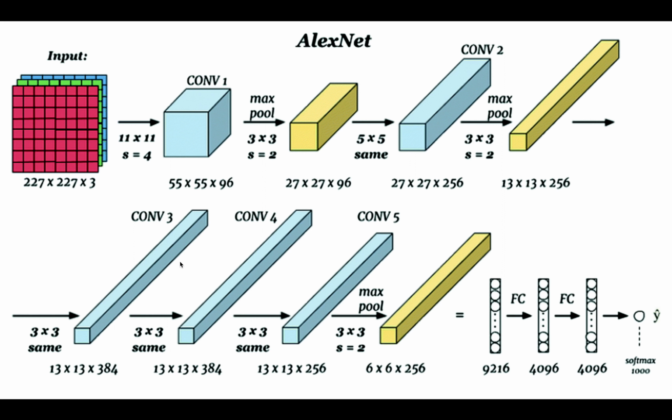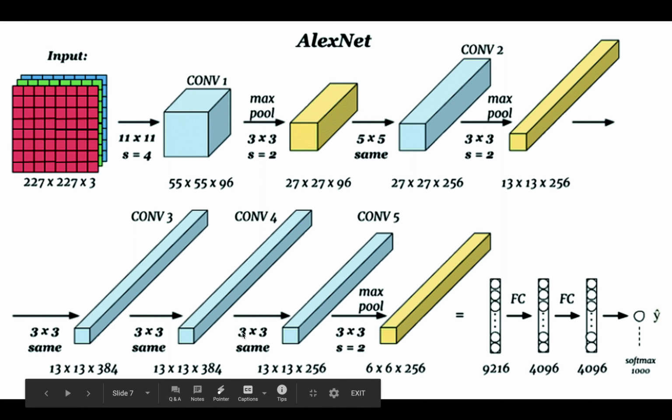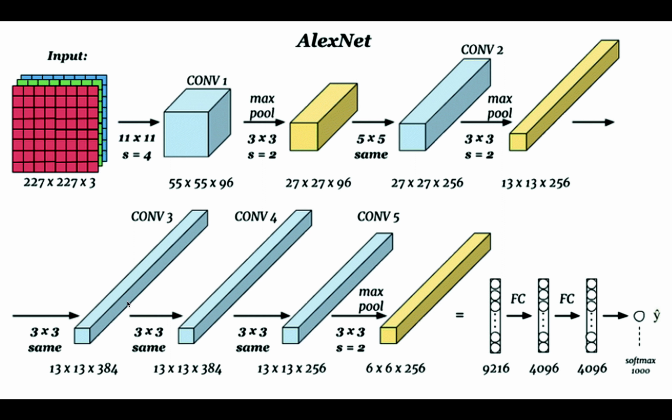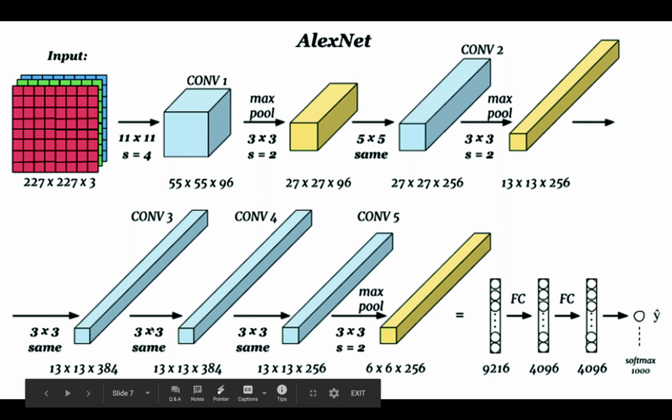Then the next convolution layers are used especially for getting the best feature maps. They convolve the features again and again: convolution layer 3, convolution layer 4, then convolution layer 5, used for extracting feature maps with more depth.